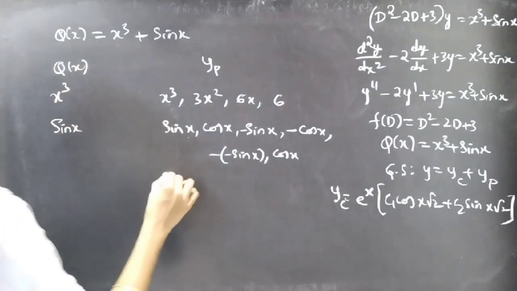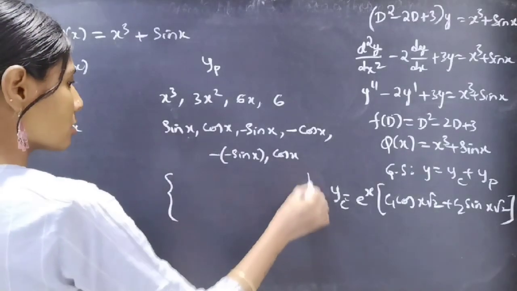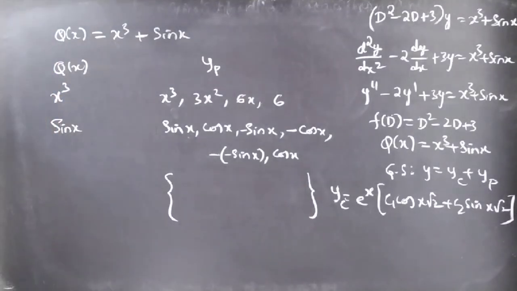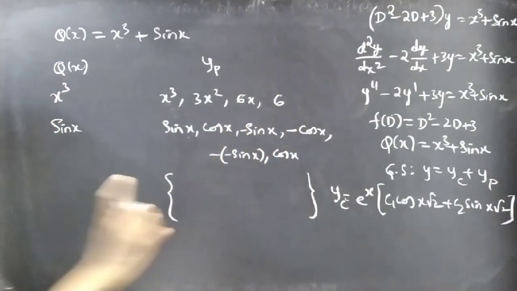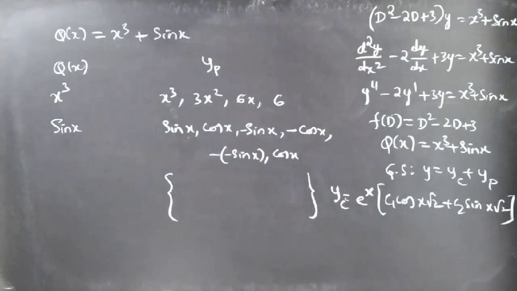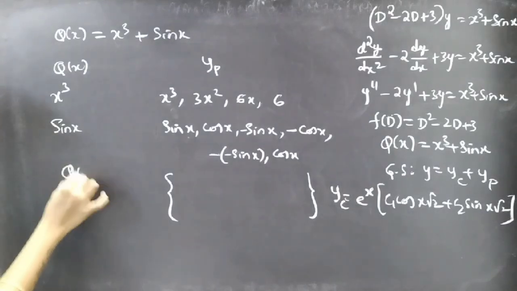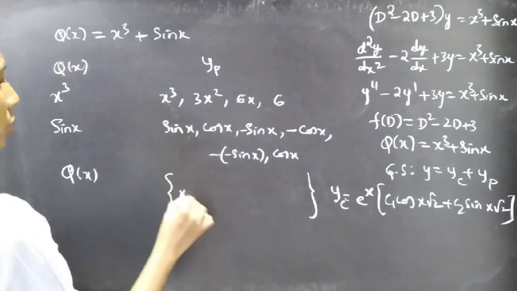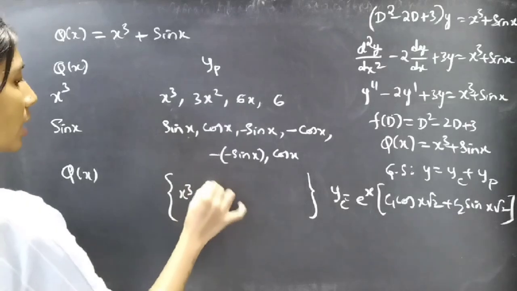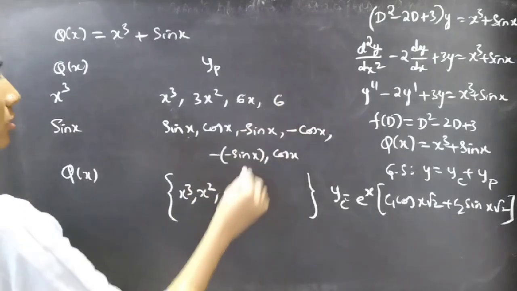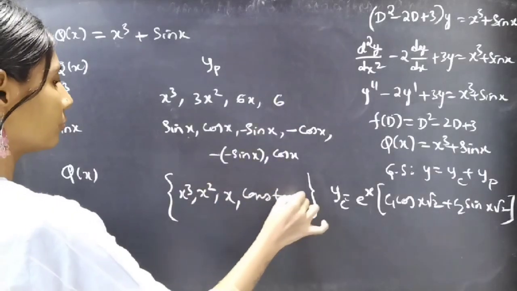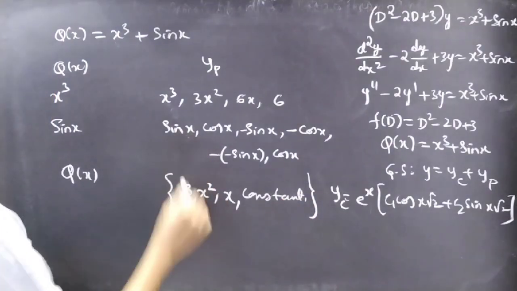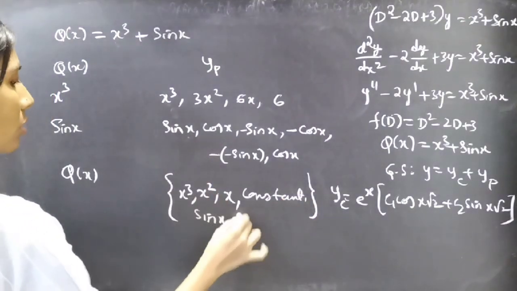Okay, now let's write all the functions of x and this constant in one set. That is, we are writing q of x and all its derivatives in a finite set form. So here we'll get x cube, x square, x, a constant, and sin x, cos x.